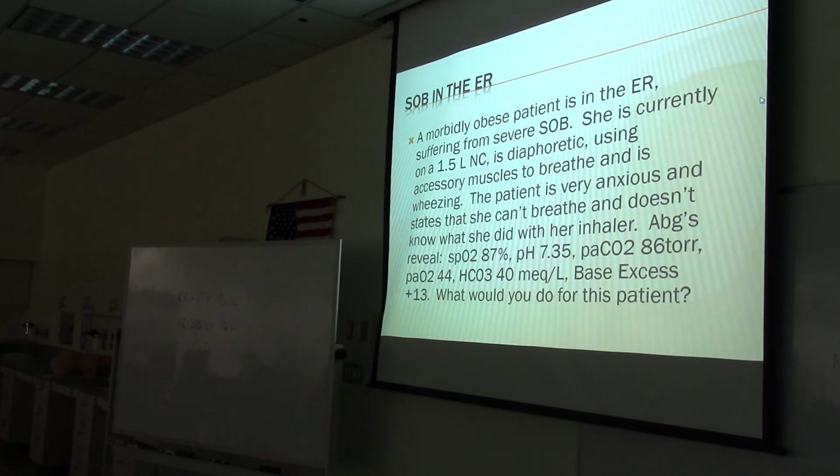The patient is very anxious and states that she can't breathe and doesn't know what she did with her inhaler. ABGs show a pulse ox sat of 87%, pH 7.35, PaCO2 is 86 torr, PaO2 44, bicarbonate 40 milliequivalents per liter with a plus 13 base. What would you do for this patient?